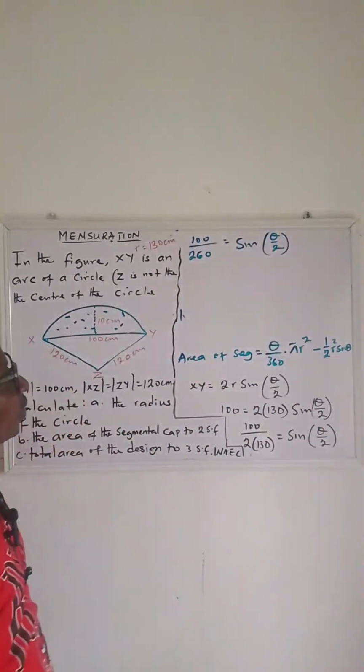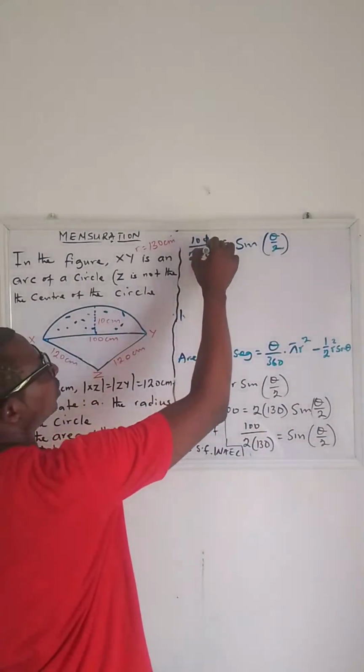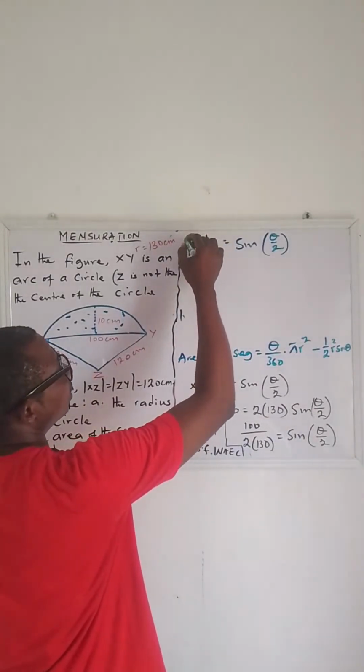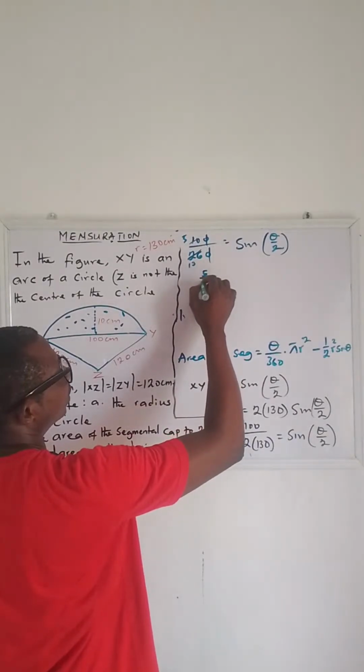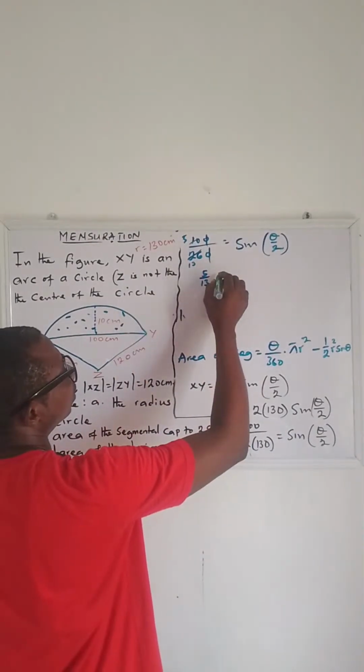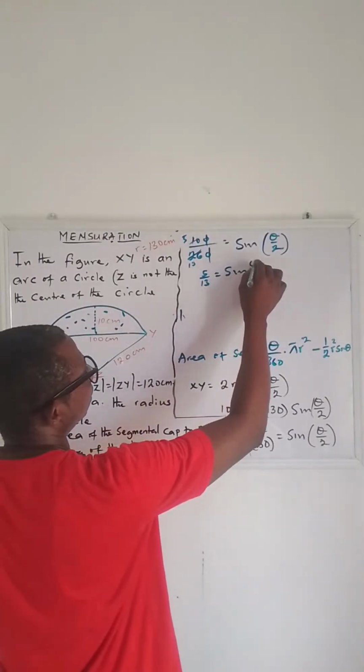All right, so that's what we have, and this can cancel this. 2 goes here is 5, 2 goes here is 13. So we have 5 over 13, okay, equals sine theta over 2.